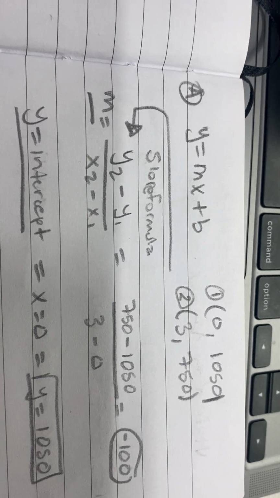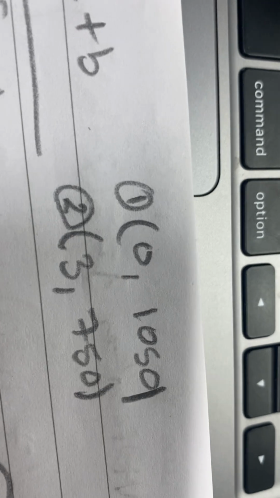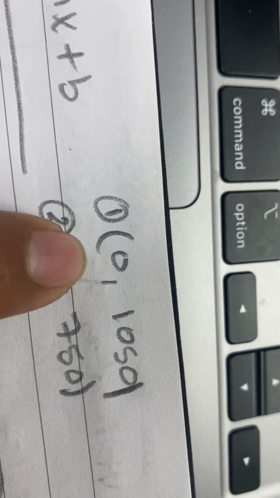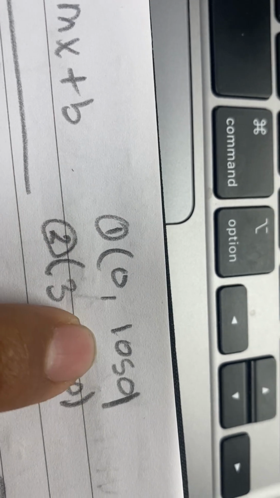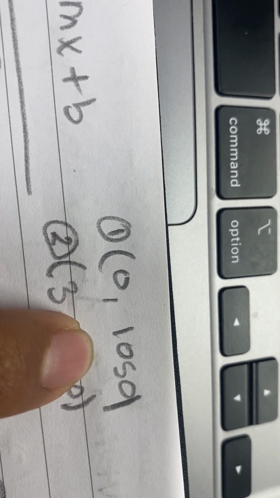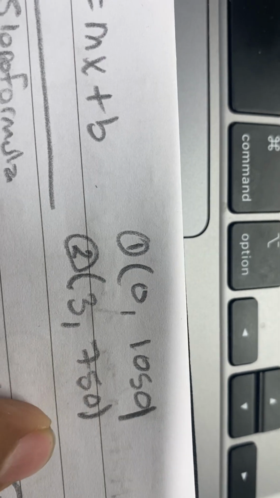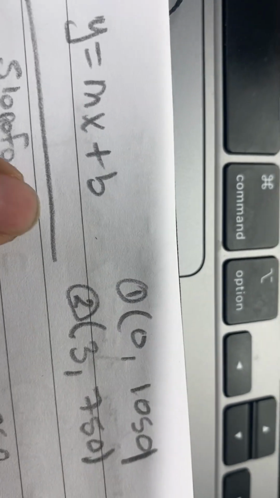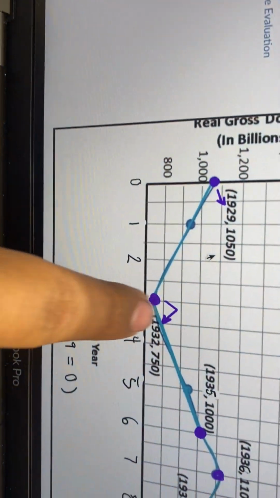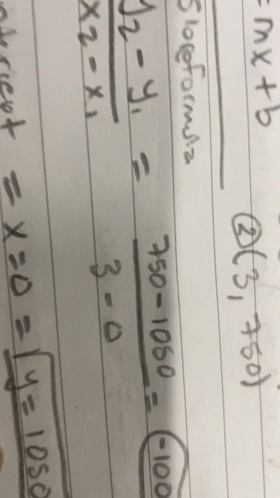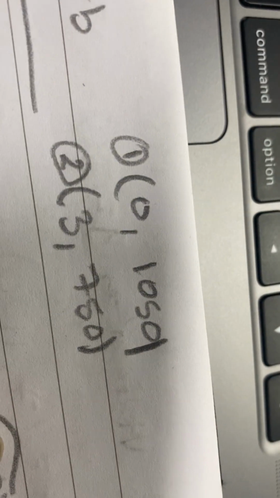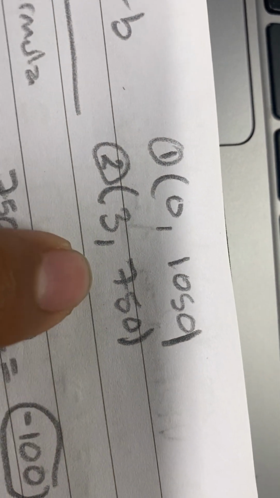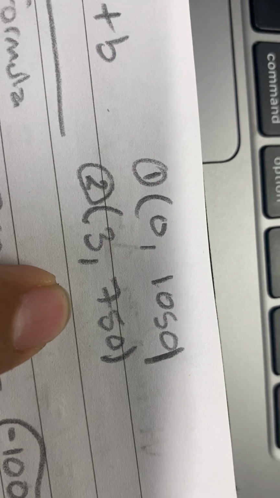As we start here, we first put in our variables, which is number 0, which is 1929, and the GDP at that point was 1050 in billions. And the second point that we have here is the year number 3, and the GDP in billions is 750.